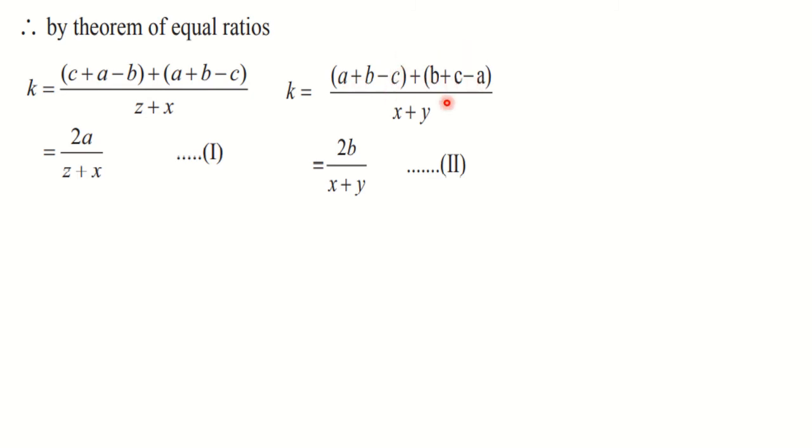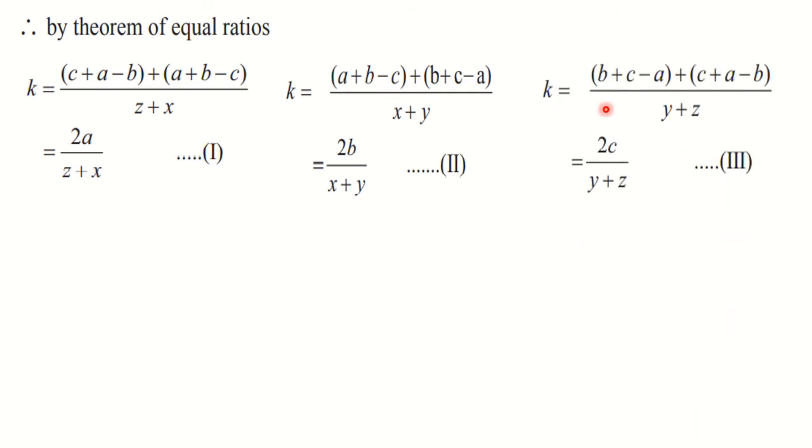Minus c and plus c. So what you got? b plus b, that is 2b upon x plus y. Again apply it. Okay. So now what do you want? y plus z. So here also respectively you will write down the numerators putting the plus sign in between. Now again c plus b and minus b got cancelled. Minus a and plus a got cancelled. So c plus c, 2c upon y plus z.